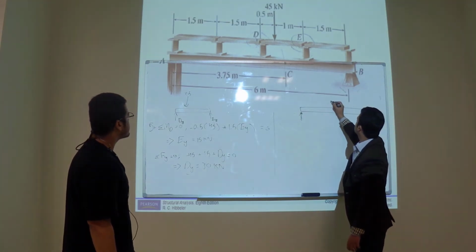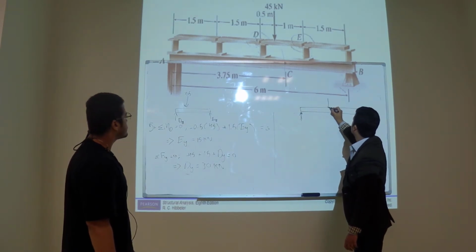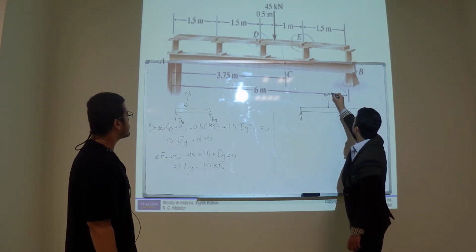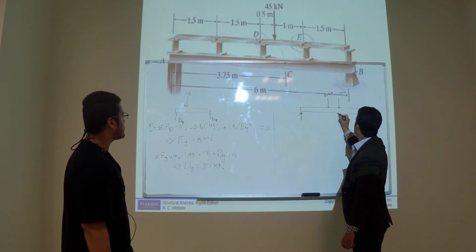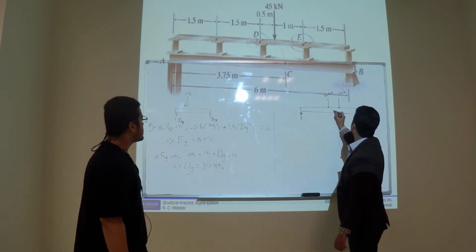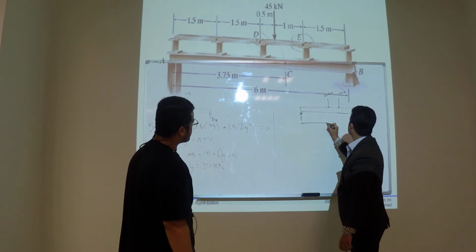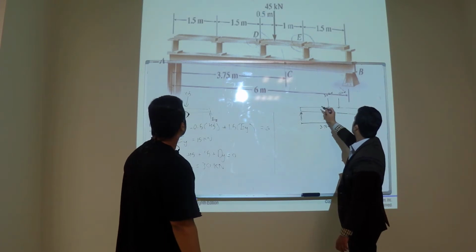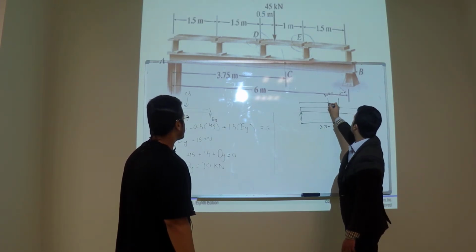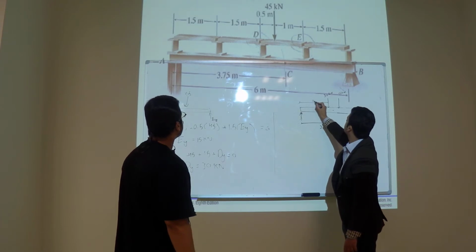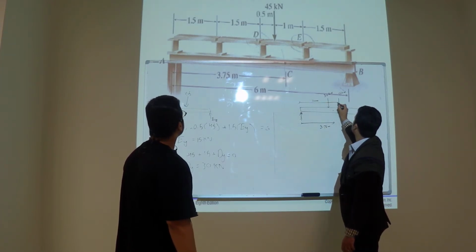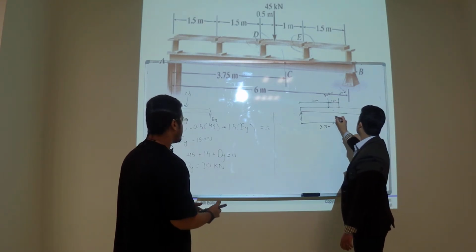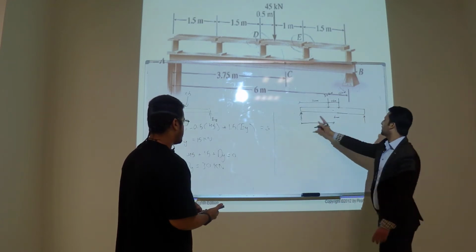So now you have this 30 and this one 15. Here is your point C, 3.75 meters, and this distance is 3 meters. The total is 6 meters. Now you need these two reactions.